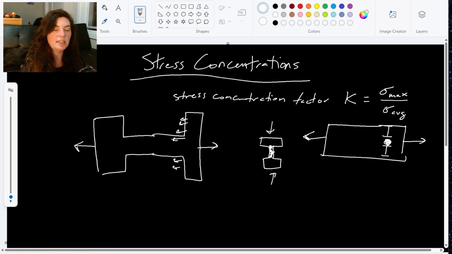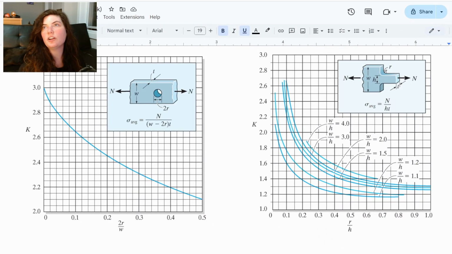And so we can use this in combination with some charts and tables, essentially to design based off of max stress, what can our average stress be? So essentially we're going to have these series of graphs or tables that allow us to see what the stress concentration factor is so that we can calculate out our average stress. What I mean by that is the stress concentration factor has these diagrams, right?